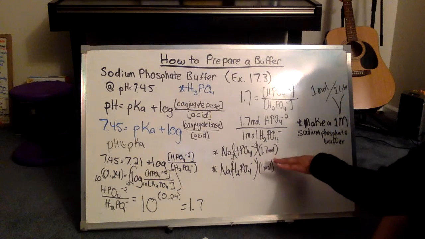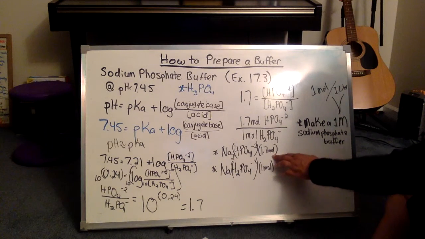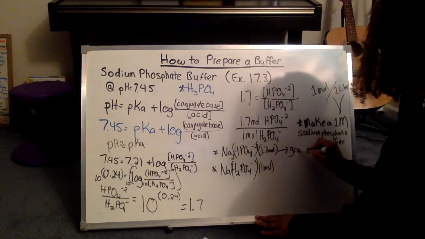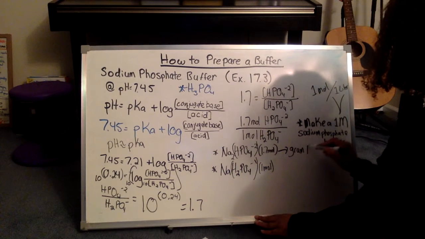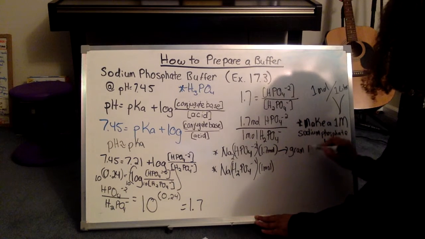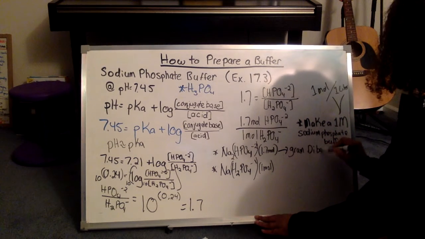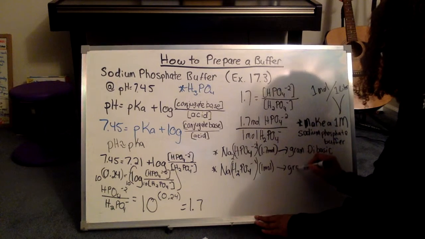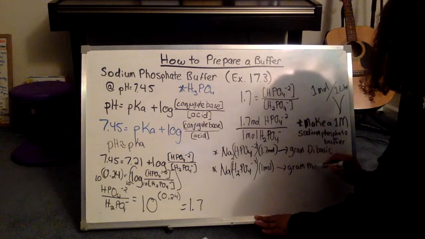So all you would need to do is use the molecular weight to get to the number of grams of, this is dibasic, and the number of grams of monobasic.